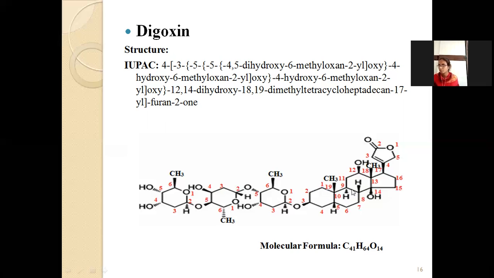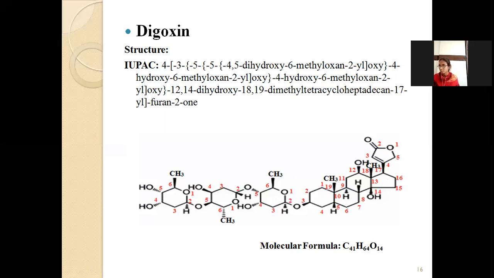See here, 1, 2, 3, 4. So these are the four cycles, and here in the 17th position and the 19th position, methyl groups are there. How many? Two. So that is dimethyl tetracycloheptadecane structure.